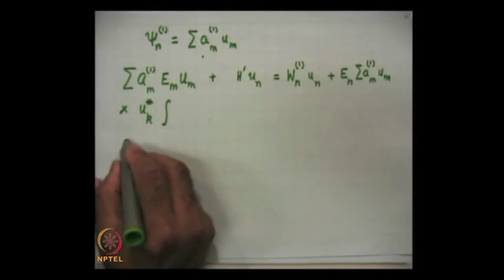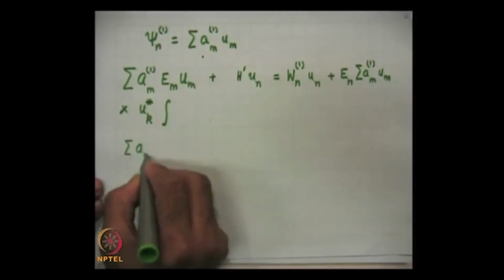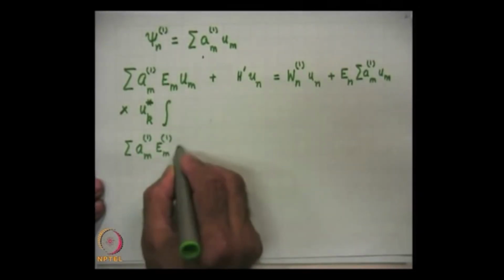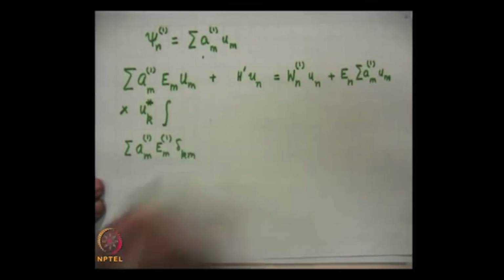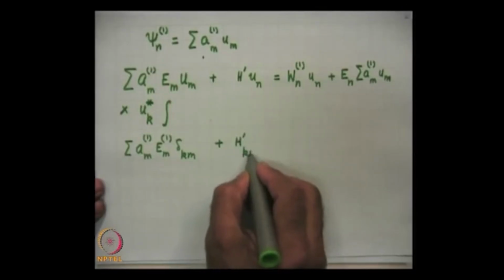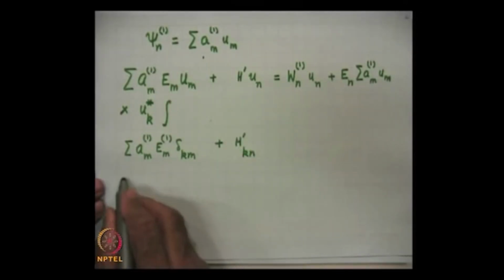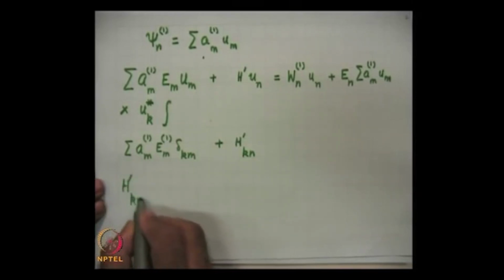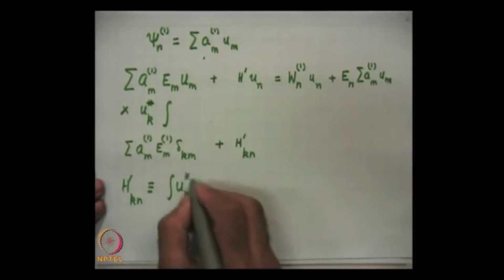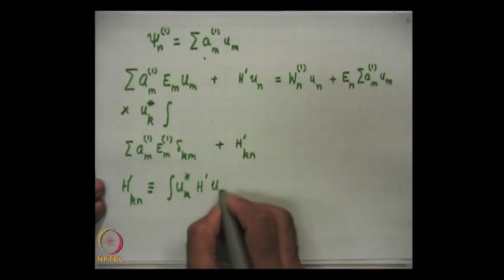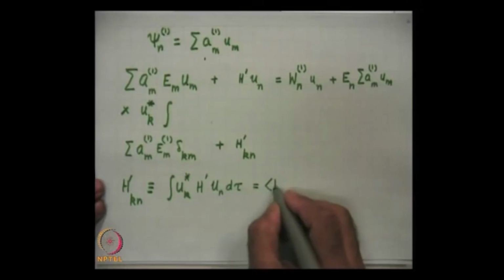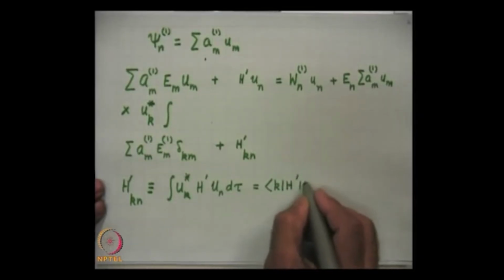The first term becomes summation A m 1 E m delta k m, plus H prime k n, where H prime k n is defined as the integral of u k star H prime u n d tau, and the integration is of course over the entire space, or we can write it as <k|H prime|n>.